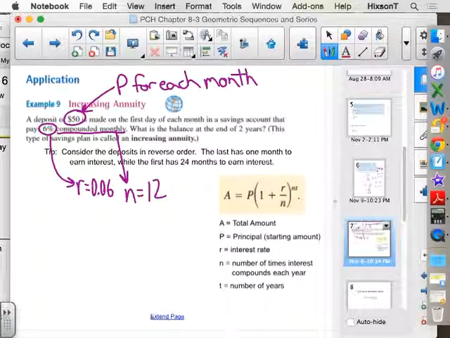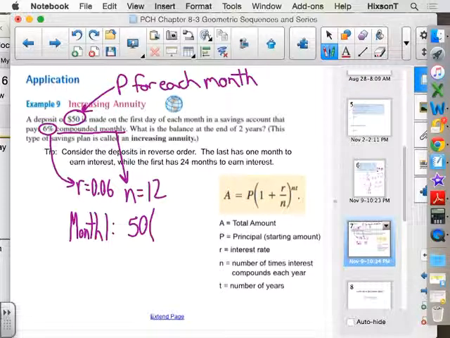Now let's look at how we would deal with this for the first month. So the amount for month number 1 is going to be principal, which we said was 50, times 1 plus r over n. We already said r is 0.06 and n is 12.